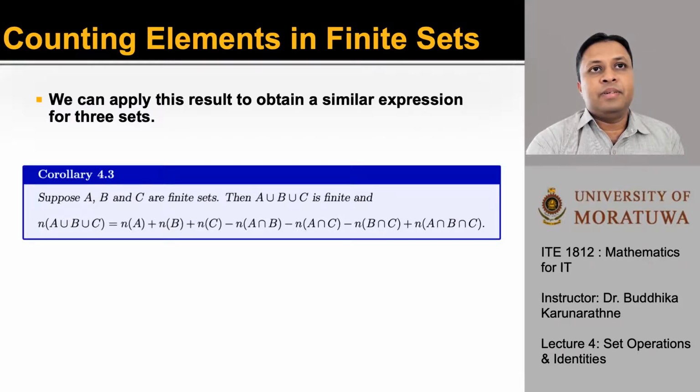Then the number of elements in A union B union C is equal to the number of elements of A plus the number of elements of B plus the number of elements of C, and then you need to subtract all the pairwise intersections, A intersection B, A intersection C, and B intersection C, plus the number of elements that are common to all three sets.